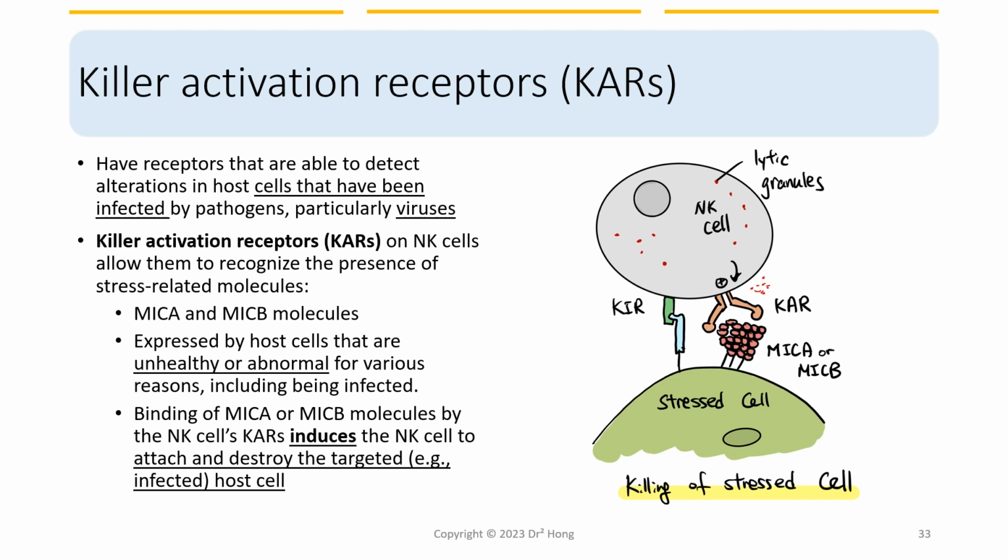Now, MIC-A or MIC-B are expressed by host cells that are unhealthy or abnormal for a variety of reasons, including being infected, and binding between MIC-A or MIC-B and the NK cells' killer activation receptors will induce the NK cell to attach and release lytic granules to destroy the target infected cells.